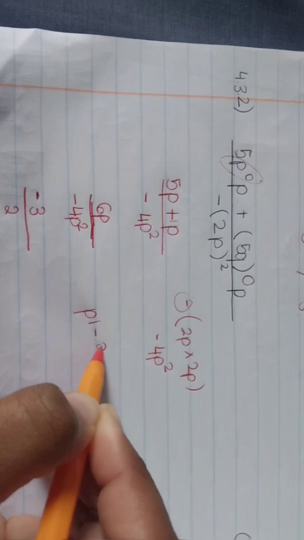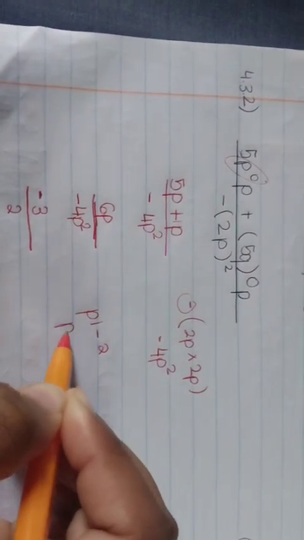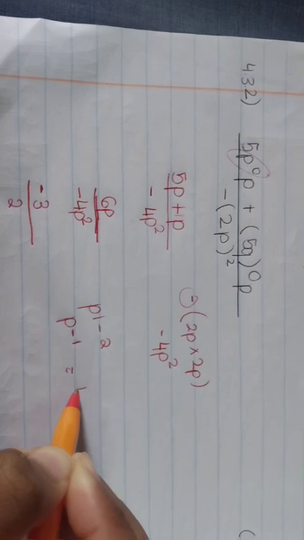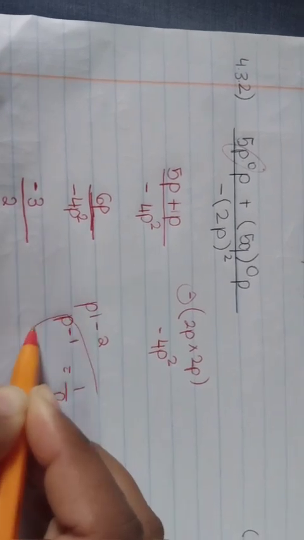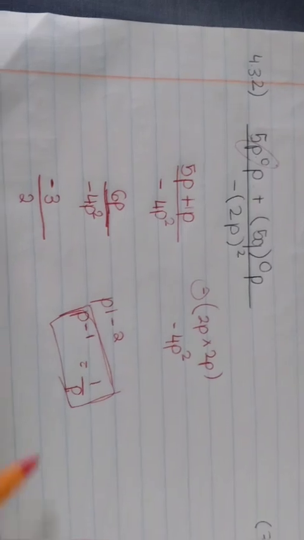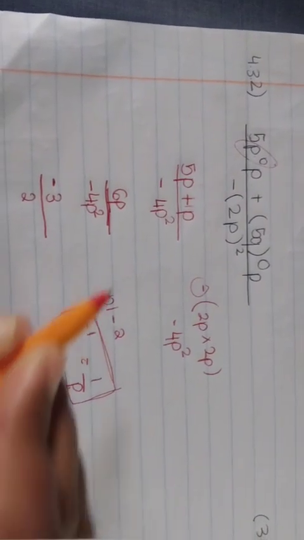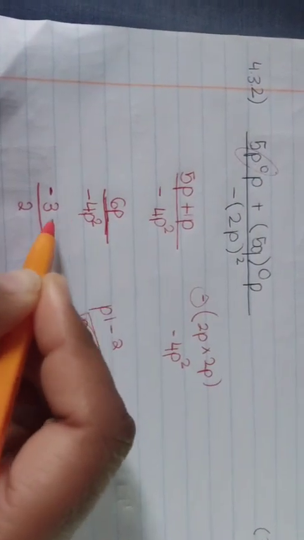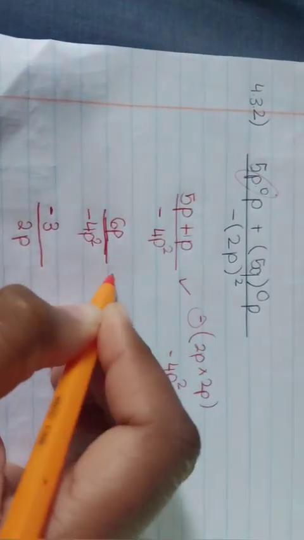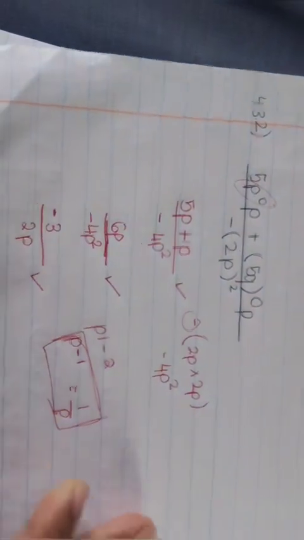This one. It is what? P to the power of -1, which means 1 over P, right? It means that, right? So 1 is already here, which is invisible, and your P is there. This is your 3 marks.